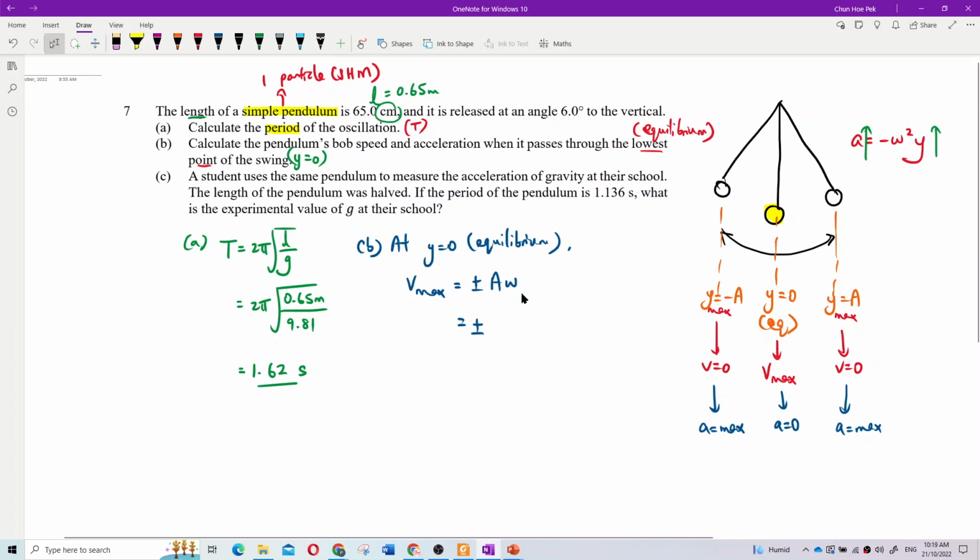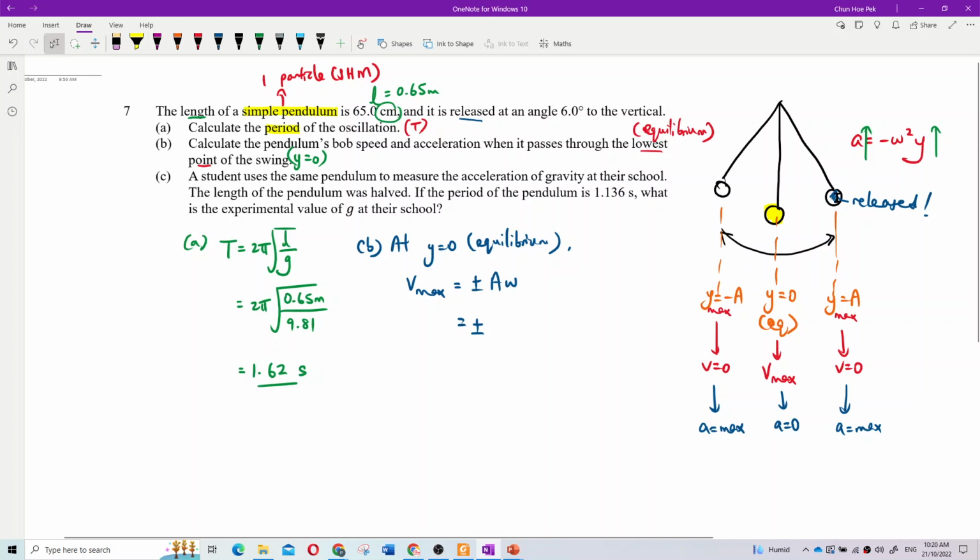What is our A? What is our A? Oh, no A. How? Release at 6 degree to the vertical. That means it is released. So where is it released? This is the point it is released, right?